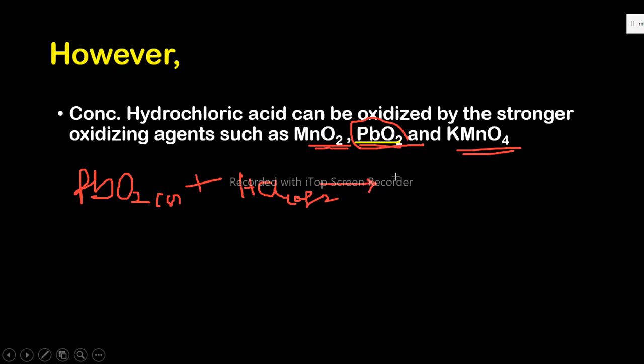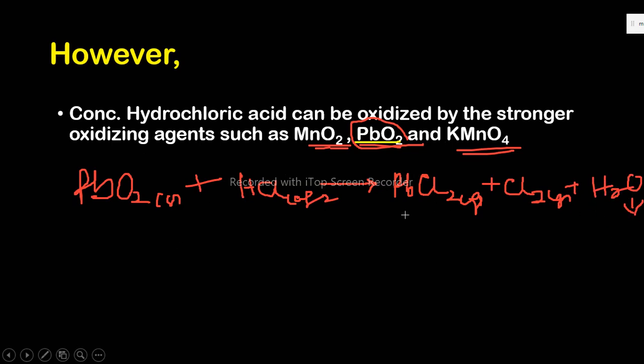So it is reduced to lead 2 chloride, aqueous, and then plus chlorine gas, and then plus water. So you try to balance that and see if it may come out.